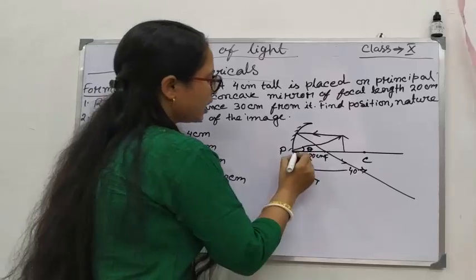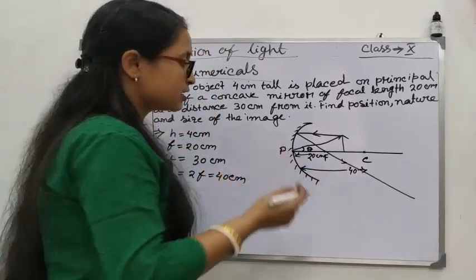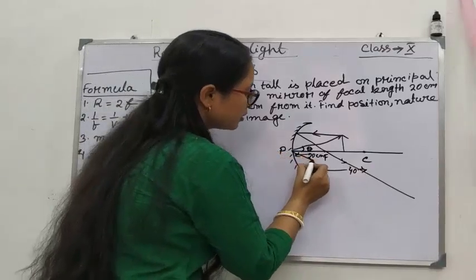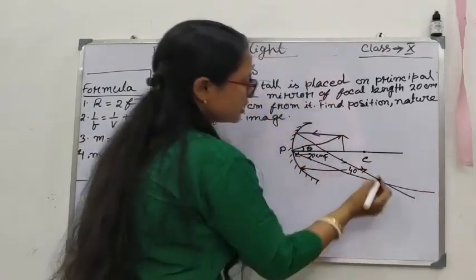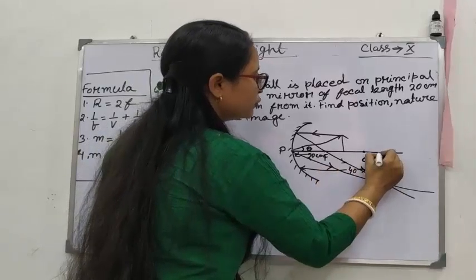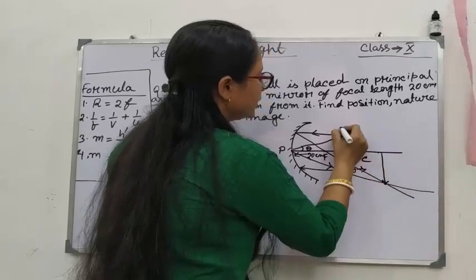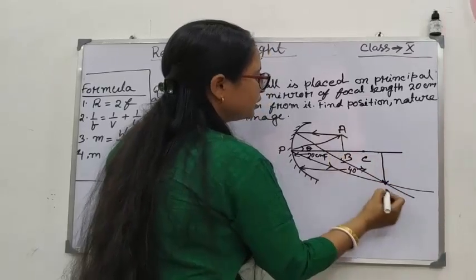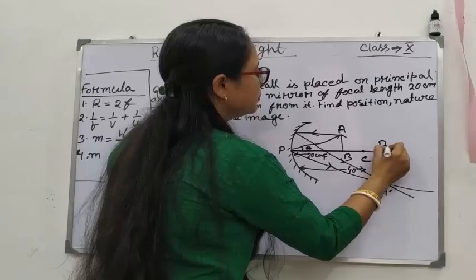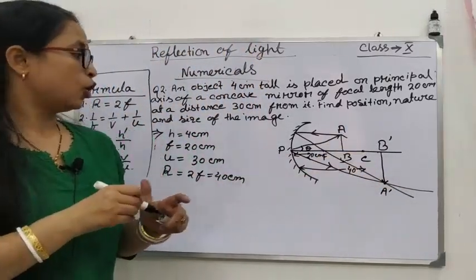This is theta. After reflection, the same angle will be formed, as per the rule of image formation. So like this. See, these two rays meet at this point. Now if we draw a perpendicular, it will give us the image. If the object is AB, then the image will be A dash B dash. Clear?